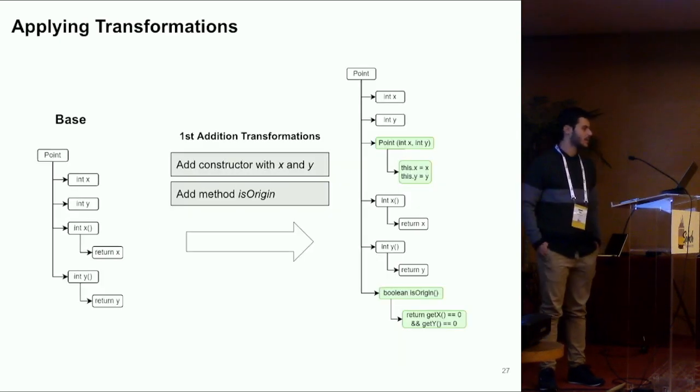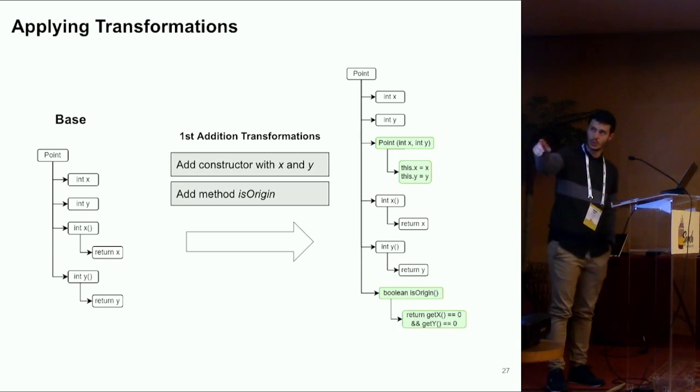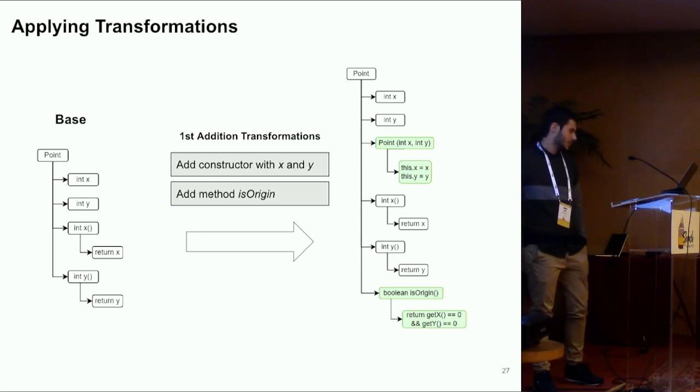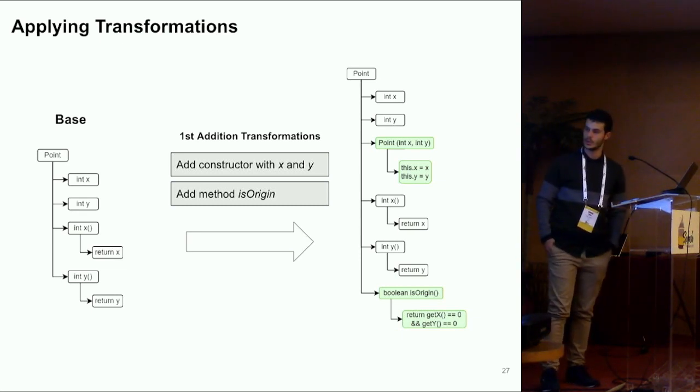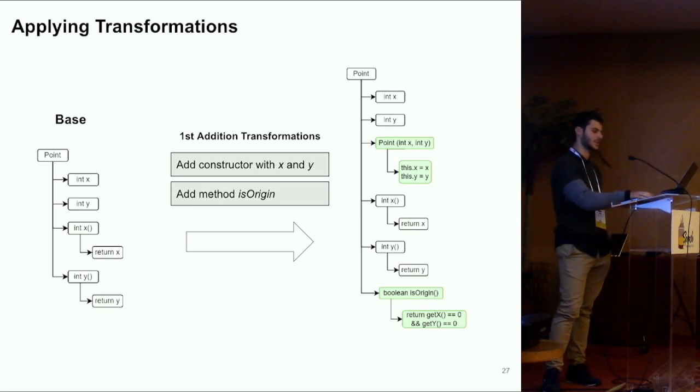We start by applying these addition transformations to the base version, but as we can see, we have broken references here with the addition of the new method isOrigin, because getX and getY are not defined in the merge version.